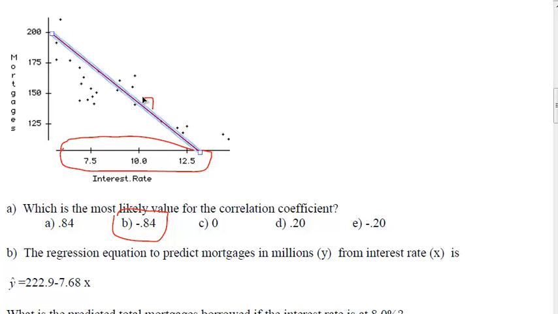So if x increases 1, how much does y decrease or increase? In this case it decreases by the slope, 7.68. So for every 1 unit of x we go over, we drop 7.68. So in context of the problem, for every 1% increase in interest rates, our mortgage borrowed will decrease, because the slope is negative, by 7.68, and that's millions of dollars.